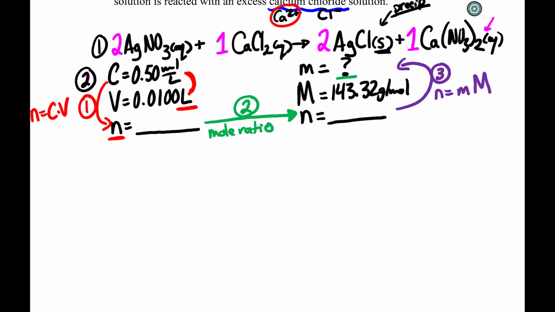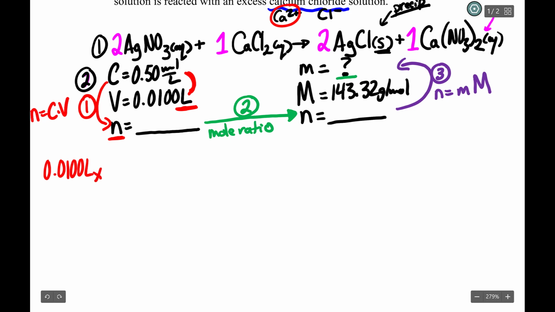So for instance, in here, I have liters and moles per liter. Well, liters is a single unit and moles per liter has 2 units. So I would start with liters. On the other side, if that was the case, mass is grams and molar mass is grams per mole, I would start with grams if I had mass because it's a single unit.